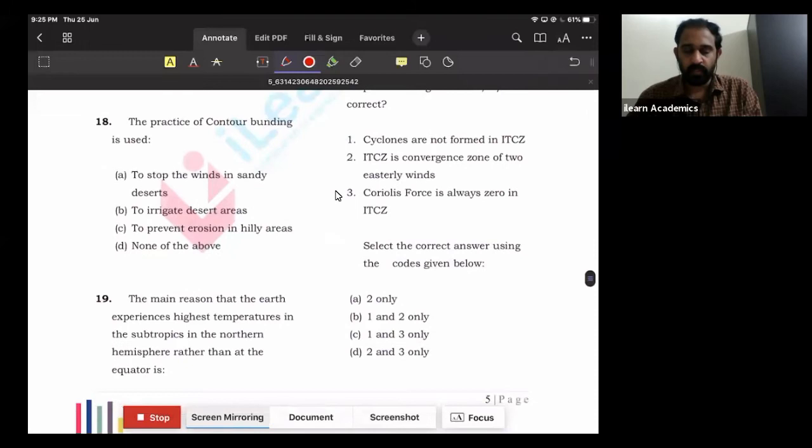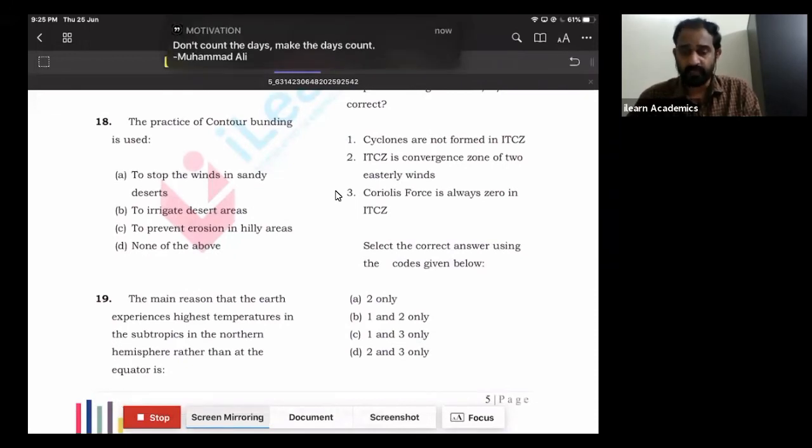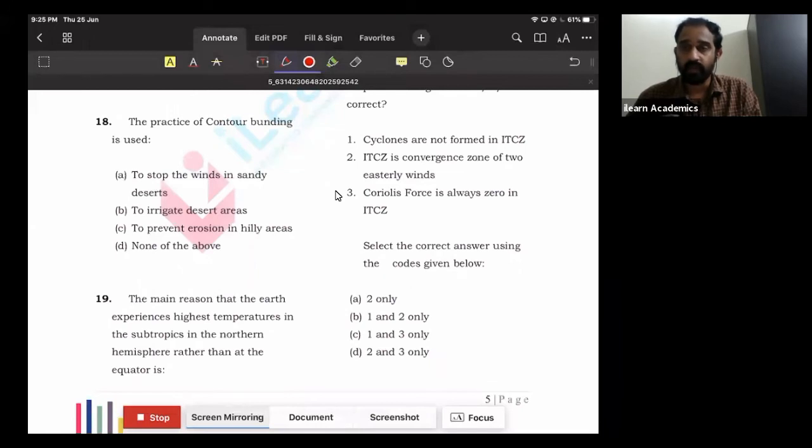The purpose is that if you know these major features and you're getting something else, you can be confident that this is a tough question, and you can try to answer that based on your logic. And if you can't reach the answer, you can leave the question with confidence that nobody is going to answer that, or maybe only 5% of the people who are going to clear the exam is going to answer that. So that is the purpose of learning everything, so that you will be more confident at the examination hall.